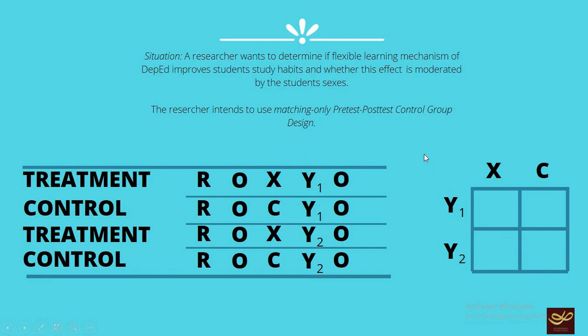More of these factorial designs are actually presented in advanced experimental designs that you may intend to enroll in for further studies. And these designs allow us to control much farther for the threats.